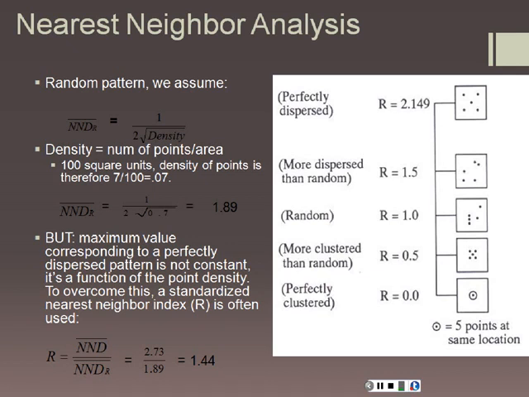And so in the last example, we had 100 square units, because it was a 10 by 10 grid. And we had 7 points, so our point density is 0.07. Well, if we plug that into this equation, we end up with a value which we call little r, really.